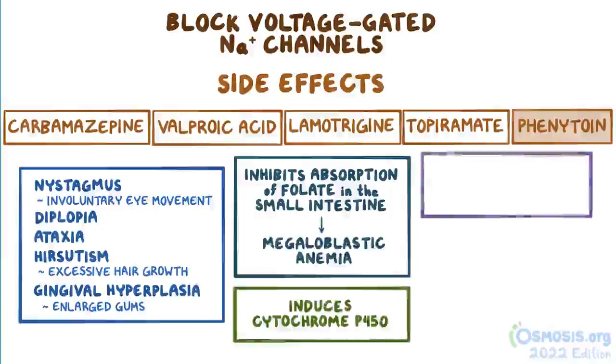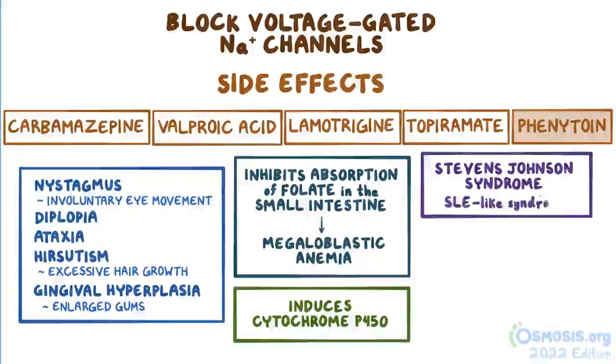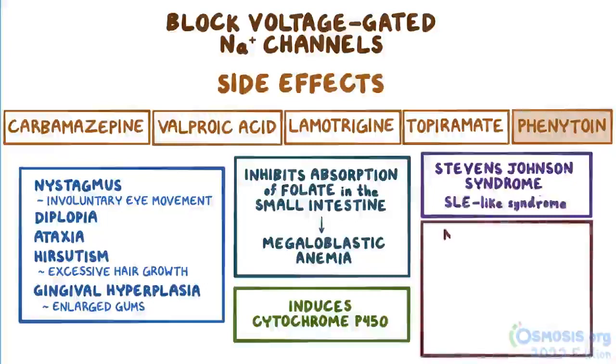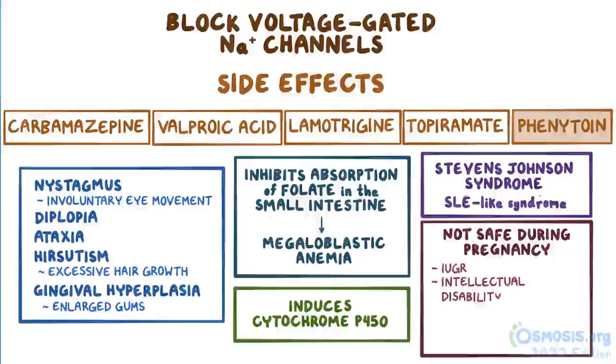Rare adverse effects include Stevens-Johnson syndrome and symptoms that mimic systemic lupus erythematosus, or SLE-like syndrome. Keep in mind that phenytoin is not safe to use during pregnancy. Teratogenic effects include intrauterine growth restriction, or IUGR, intellectual disability, cleft lip or palate, and congenital heart defects.